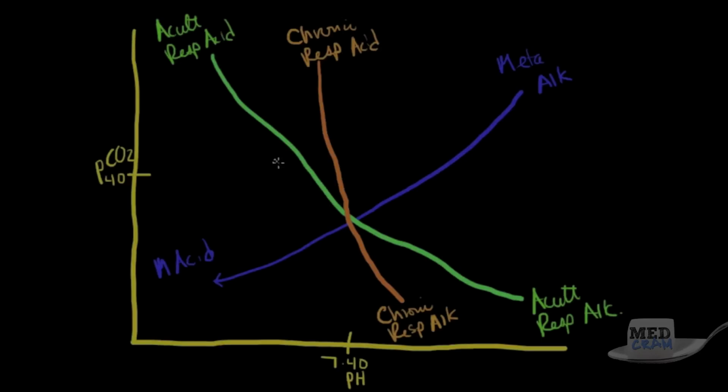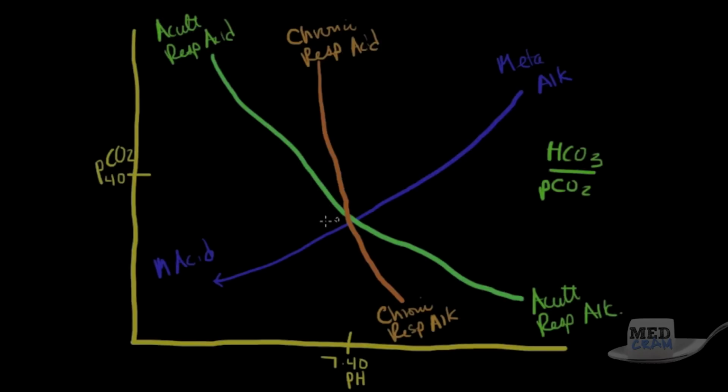Now, we all know that, and I'm just going to write over here off to the side, we look at the Henderson-Hasselbalch equation in terms of HCO3 over CO2, or the PCO2. And we know that things either go up or they go down. And so what I'm going to do is tell you, for every single point that one goes up, what does the other one do?